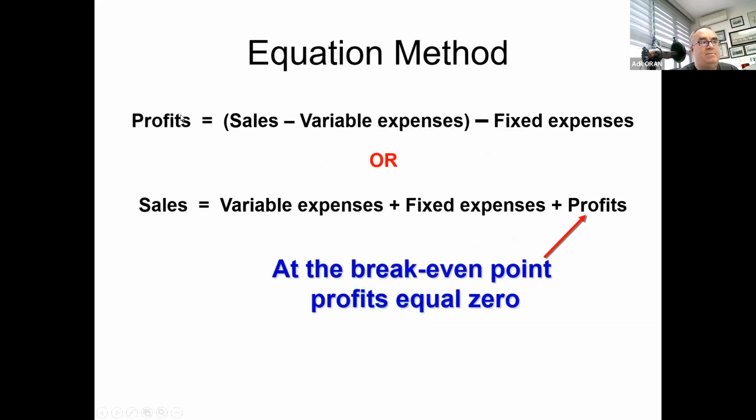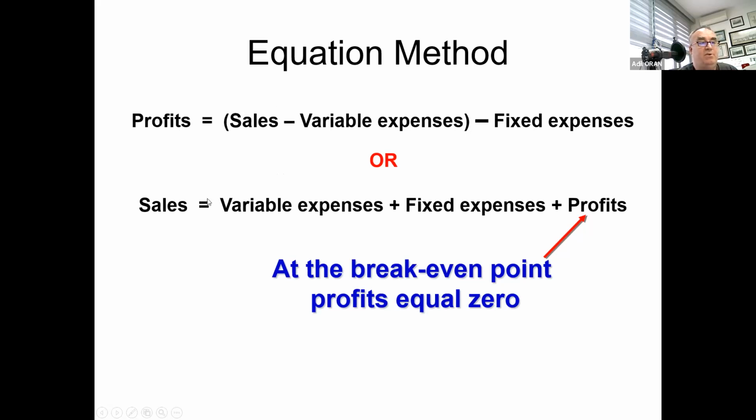The equation method: basically, you have your profit, which is equal to your total revenue, sales, minus variable costs. So this is your contribution margin, minus fixed expenses. So this is your profit function.